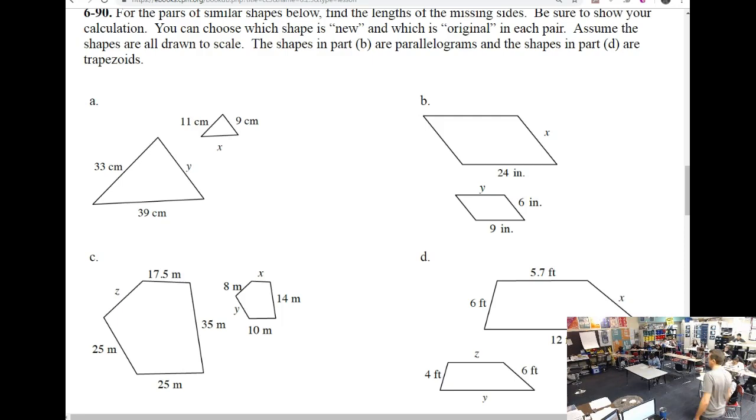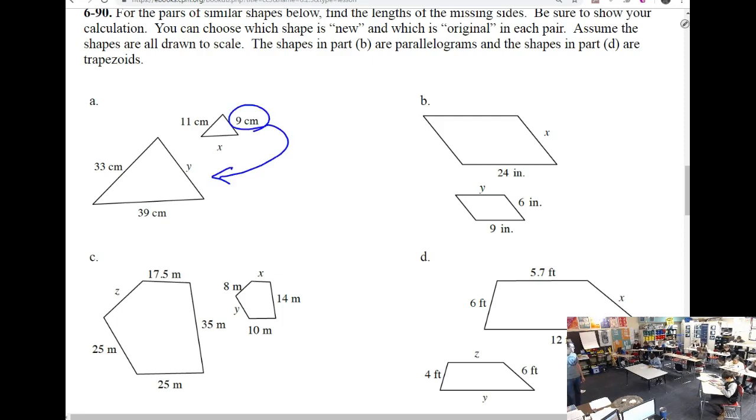Let's make sure we're all rolling okay. In A, if we look at a scale factor, what are our options of scale factor? In part A, what are the options of scale factor, George? 3 or a third, depending on which way we go. So I'm going to find y. I'm getting bigger.